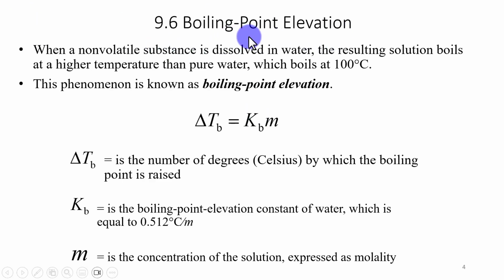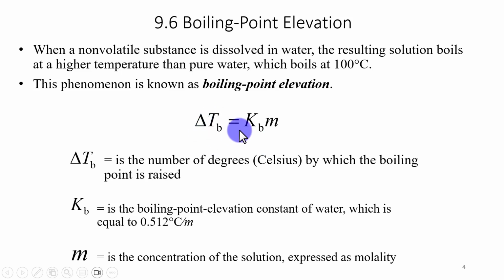Boiling point elevation is the increase in boiling point. So when I dissolve a substance in water, that solution will boil at a higher temperature than pure water, which boils at 100 degrees Celsius. This is known as boiling point elevation. And the formula that we use to calculate that is pretty similar to the freezing point depression.